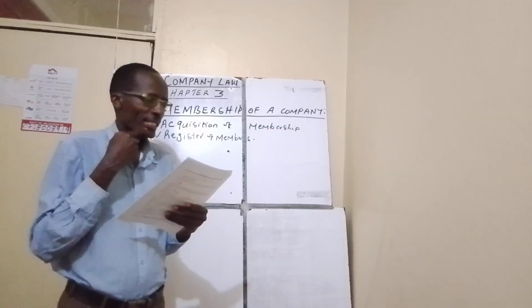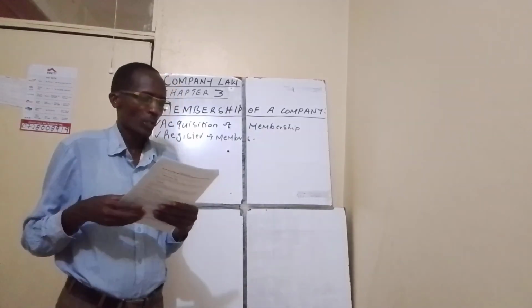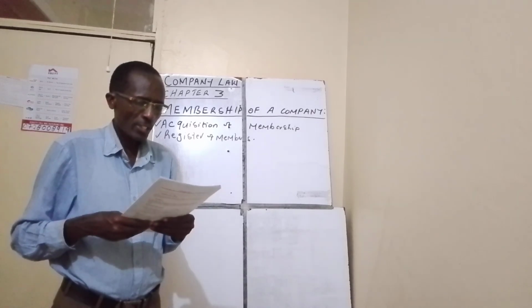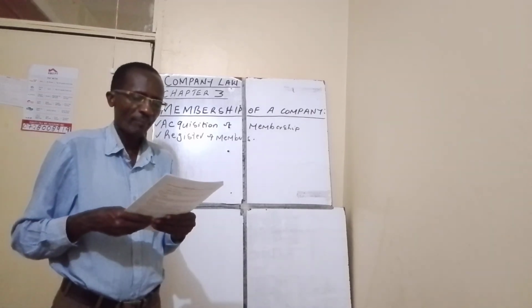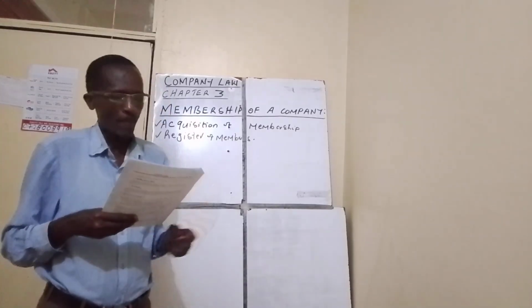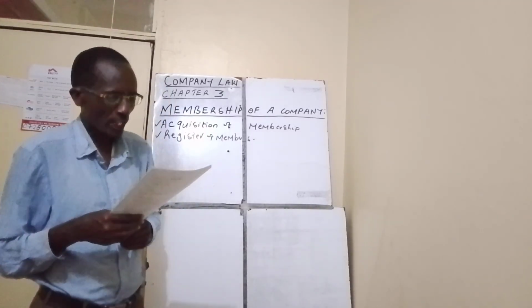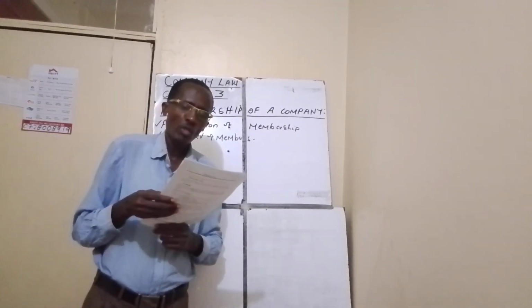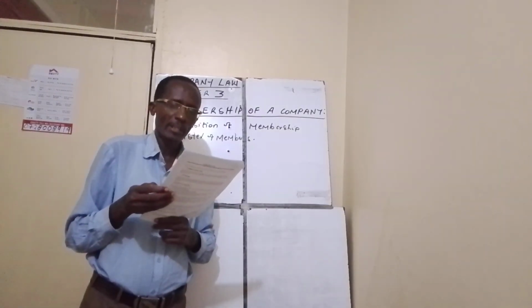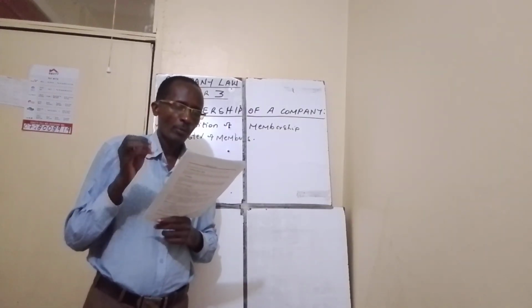And that is where we are saying that section 118, subsection 1 of the Company Act empowers the High Court to rectify the register of members in 2 ways, namely: 1, if the name of any person is without sufficient cause entered in or omitted from the register of members.